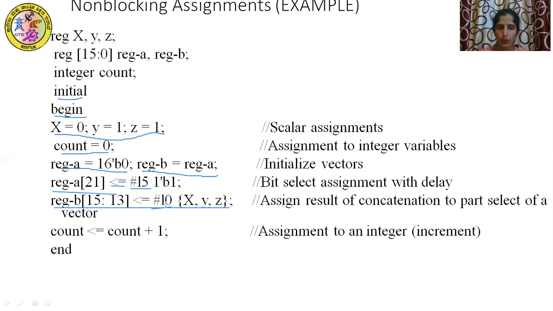And what about this last statement, count is equal to count plus 1? This statement will be executed at 0th instant of time itself, since we have used a non-blocking assignment operator. Whereas in the example for blocking assignment, we came to know that this statement, count is equal to count plus 1, would have been executed at 25 time units, blocked by the execution of the previous statements. So the example ends with the keyword end here.